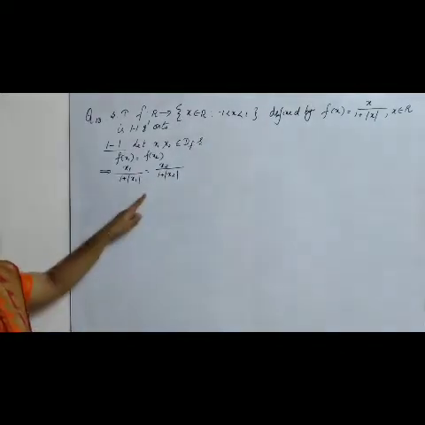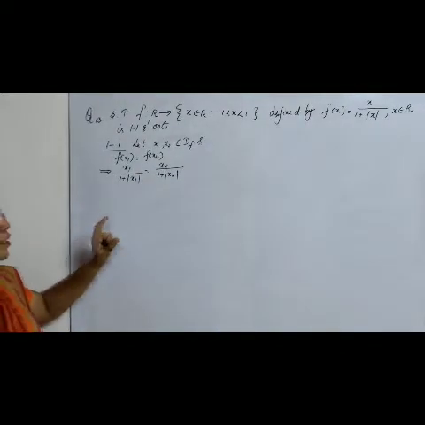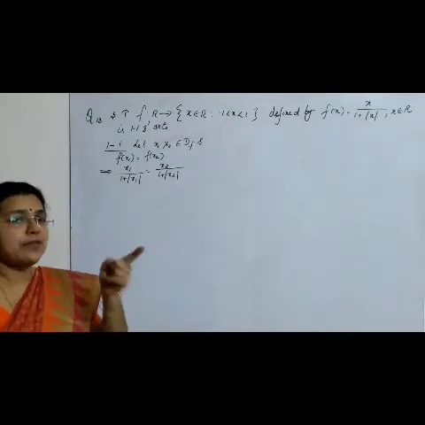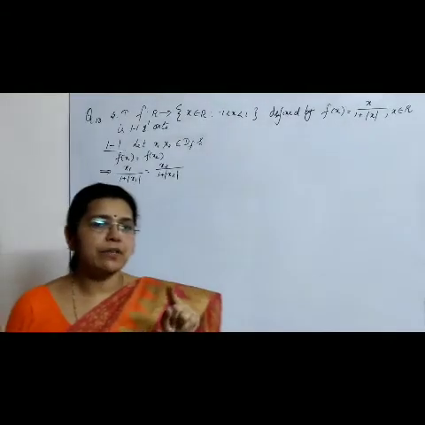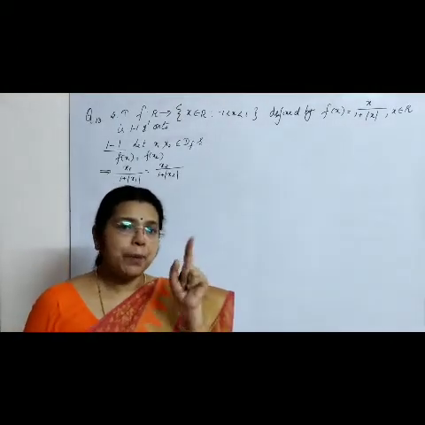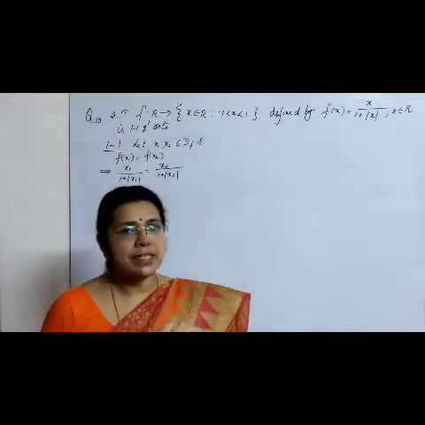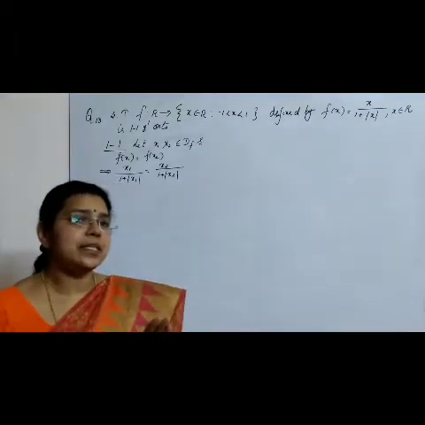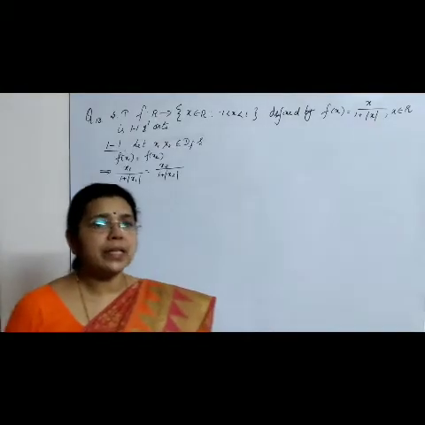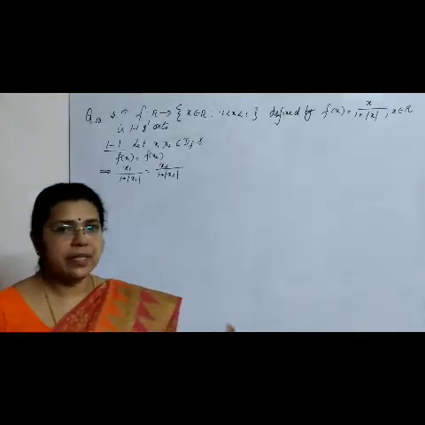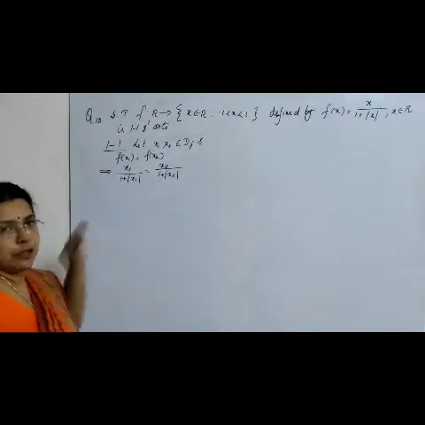Now since it is a modulus function, you know modulus of x gives you minus x for values of x less than 0 and positive x for values of x greater than 0. So we need to consider all the possible cases of the modulus when we discuss this particular function.